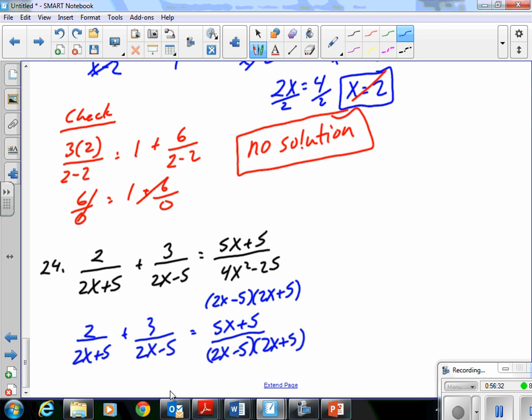So we're going to multiply everything by the common denominator. So I'm going to multiply the left side by 2x minus 5, 2x plus 5. Multiply the right side by 2x minus 5, 2x plus 5.